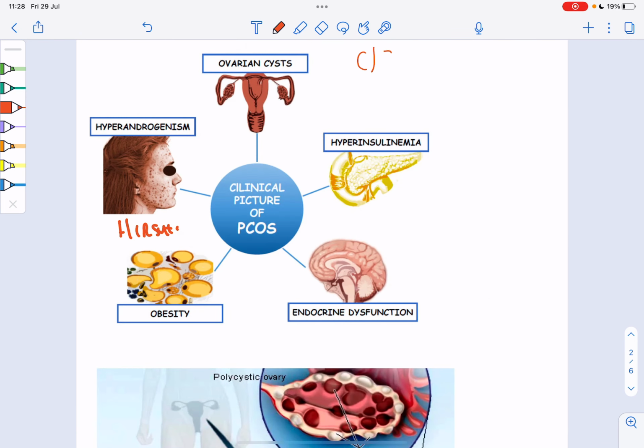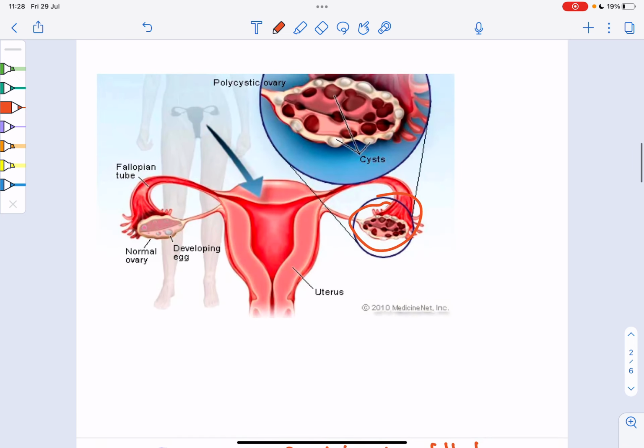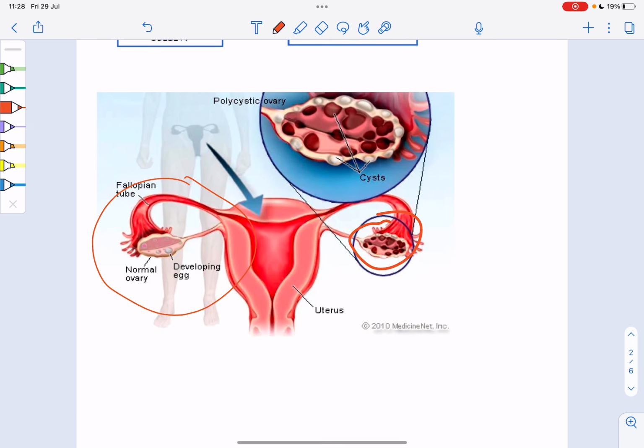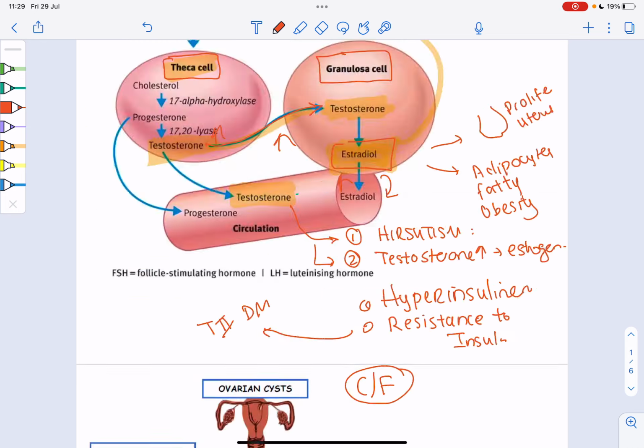All of the clinical features of PCOS, these patients develop ovarian cysts, which look like this. This is a normal ovary with the normal follicle with a normal oocyte, a developing egg. However, in PCOS, what do you have? You have these enlarged cystic follicles that are disrupting the structure of the ovary.